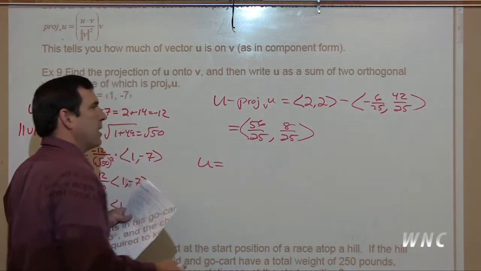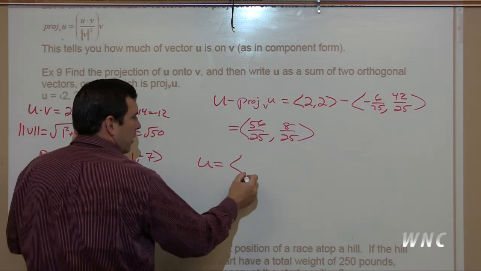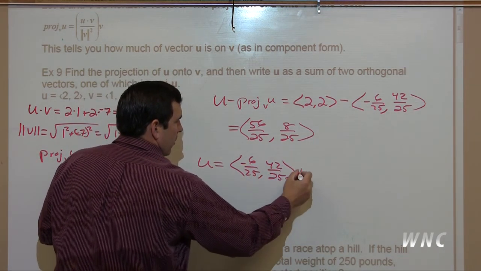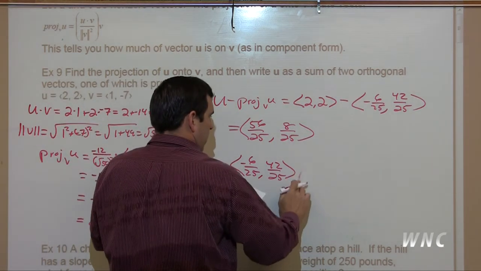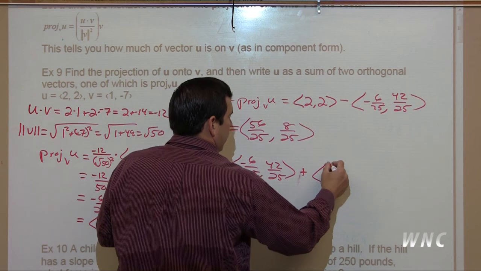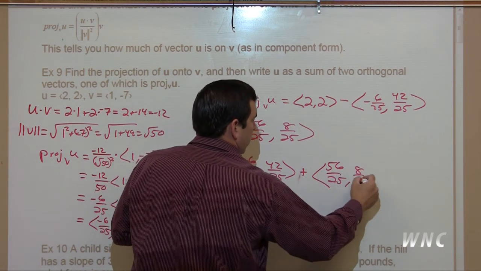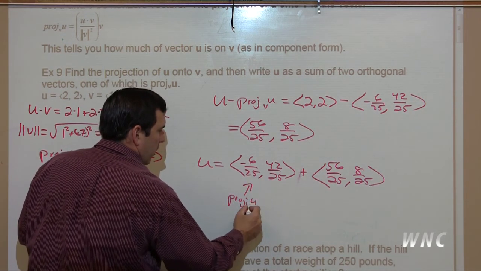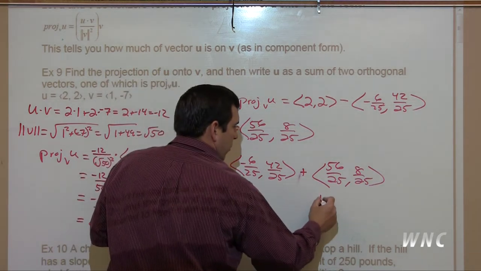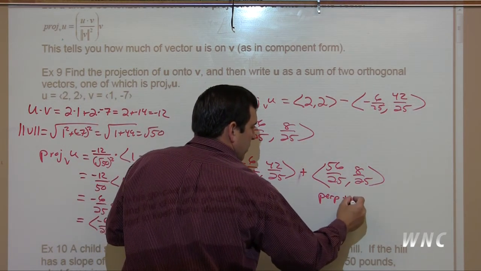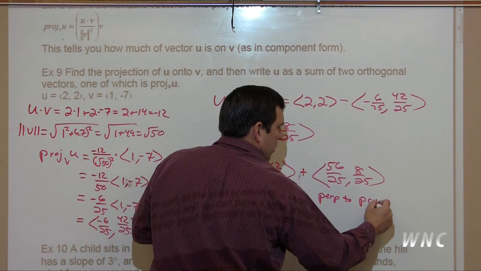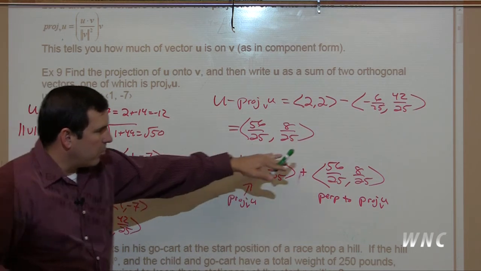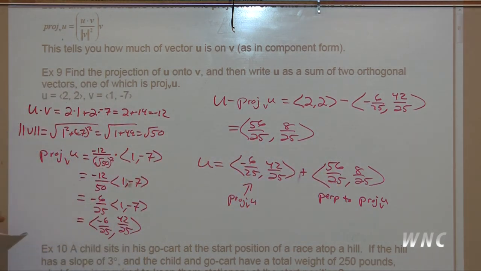So u can be described as the part that's on v, which is our negative 6 25ths, 42 25ths, plus our 56 25ths, 8 25ths. So this part is our projection of u onto v, and this is the part that's perpendicular to the projection of u onto v. The part that's on v and the part perpendicular, that all makes the u up. Okay?